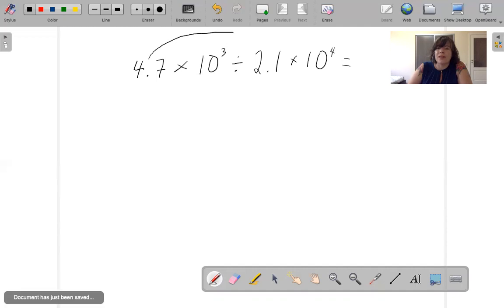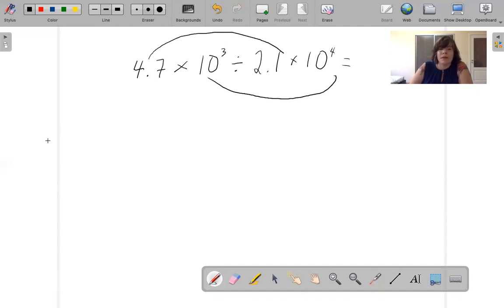So I divide these and I divide these. 4.7 divided by 2.1. Can't do division with a decimal in the divisor, so I have to move this over. Move this over. So I've got 21 into 47.